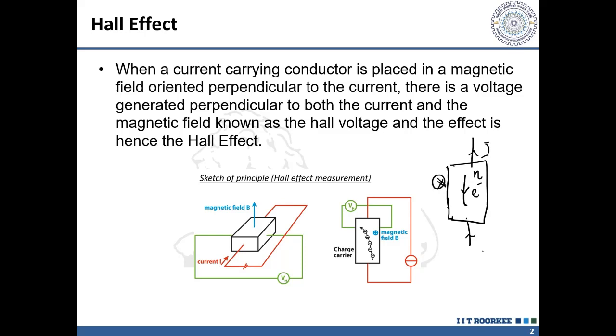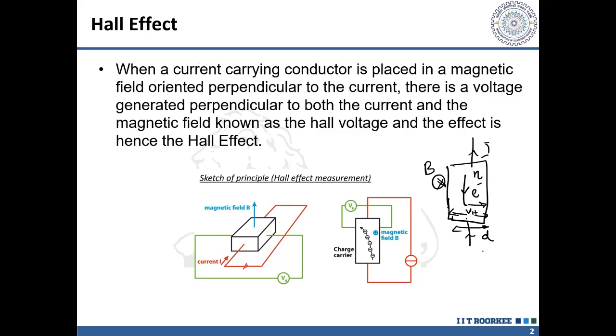This is going to cause a drift in this direction because of the magnetic field, and we can attribute this drift to a Hall voltage, called VH, which occurs across this thickness, and let's say this thickness is D.